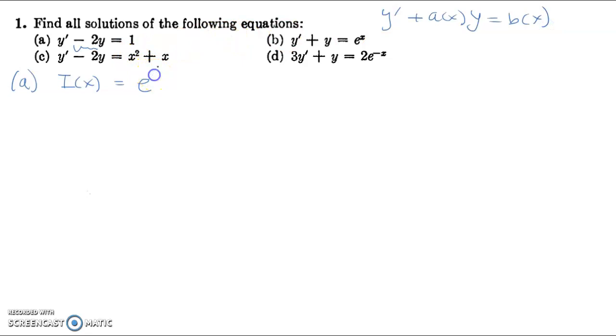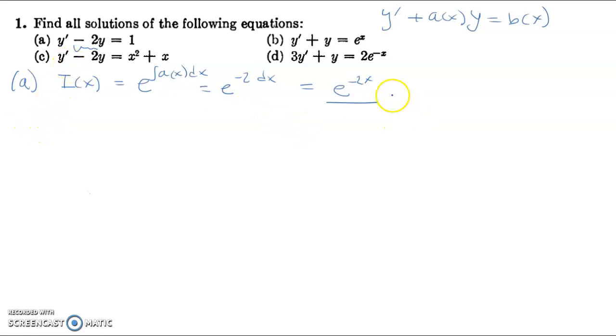All right, so this is going to be the integral of a of x, which comes down to -2 dx. So this is e to the power of -2x. So our part 1 is done.